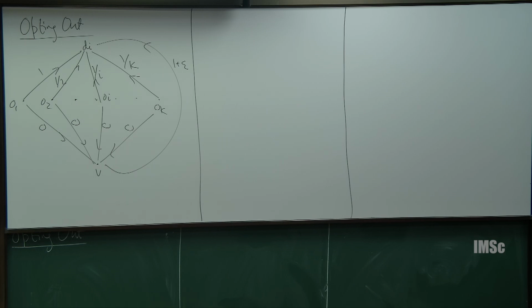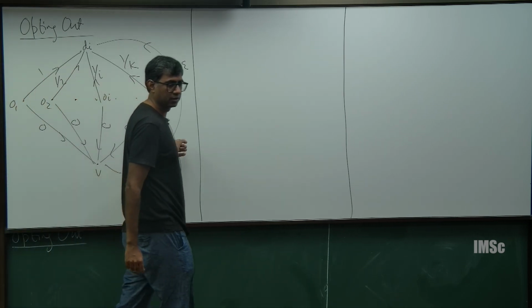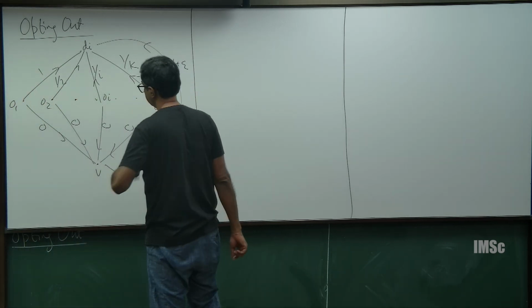So, what is the cost of this? The cost of P is 1 plus epsilon, right, because it is just basically the sum of the weights of the edges in this network. Okay.